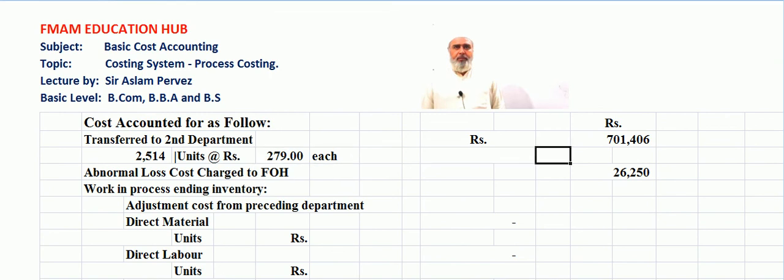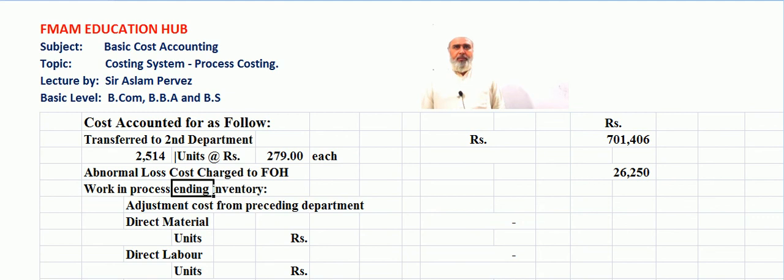The value of cost of the units which are transferred to the second department is 7,01,406 rupees here. So students, this is abnormal loss which is treated as a separate account as factory overhead control. These losses transfer to the factory overhead control to charge the whole production within the given period.